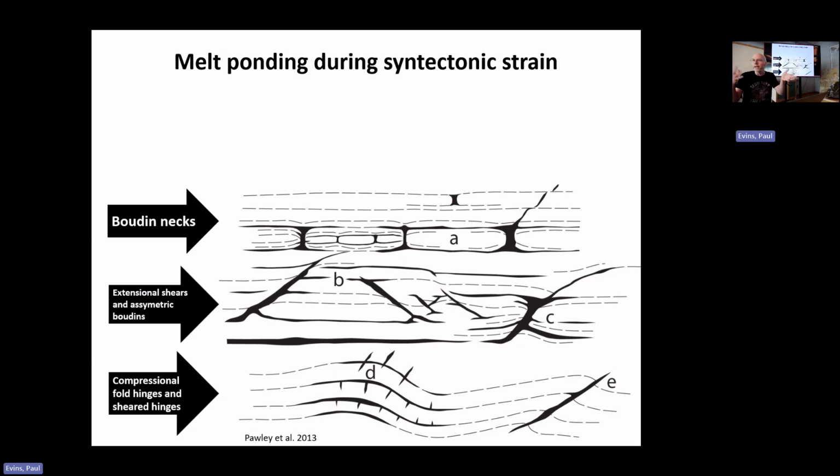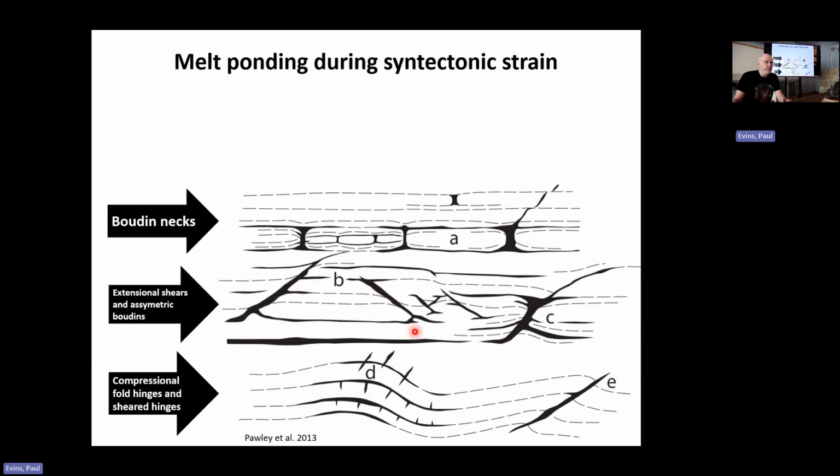How this segregation can look during various compression or extensional events is shown in this picture, and it's what I've already shown you actual pictures of. But where does the melt tend to go? When it's in these packages, it likes to get into necks because you're spreading out. You're making a low pressure area for the melt to come into.